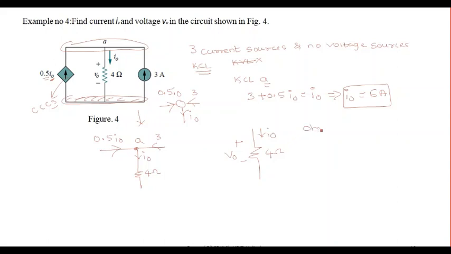According to Ohm's law and the passive sign convention, this is up to the mark of the passive sign convention. That is, current is flowing from higher potential to lower potential. So the voltage drop, by Ohm's law, V equals IR. That is I naught times 4. I naught we have already found, so that is 6 into 4. So that will be 24 volts. Okay. So this is how you should approach.